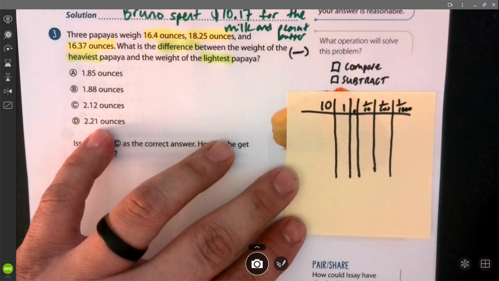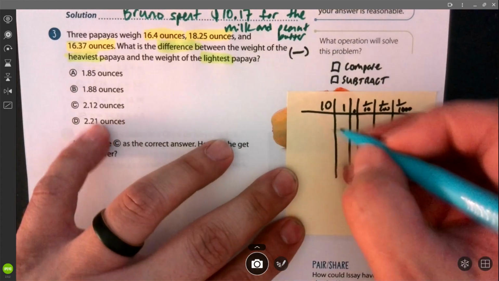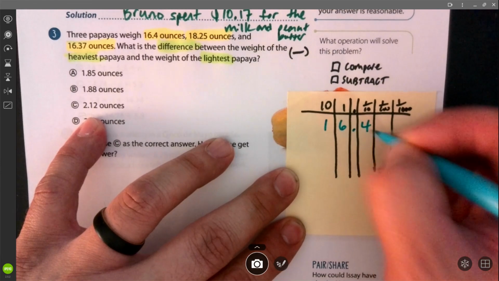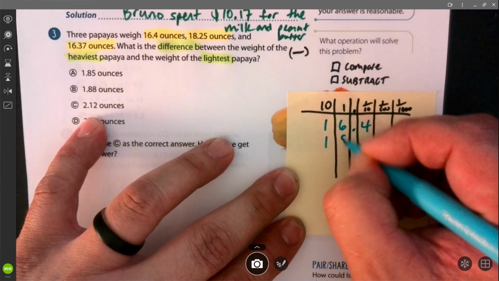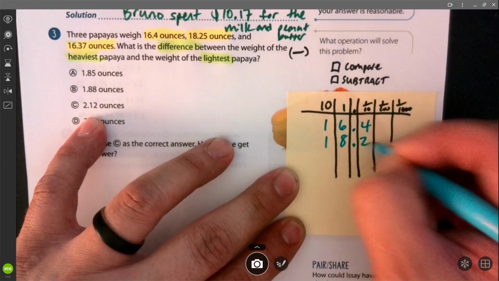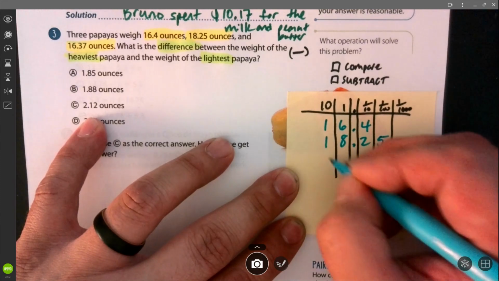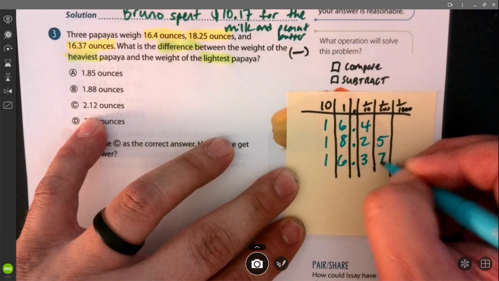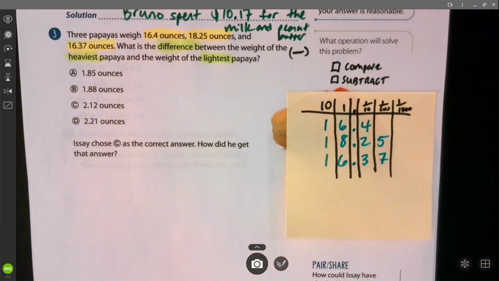So now let's put these in here. I have 16 and 4/10 ounces, 18 and 25 hundredths ounces, and then 16 and 37 hundredths ounces. So I need to find the heaviest and the lightest.